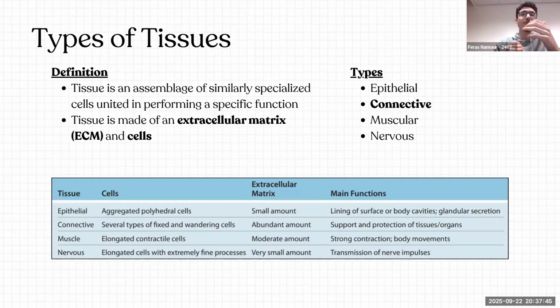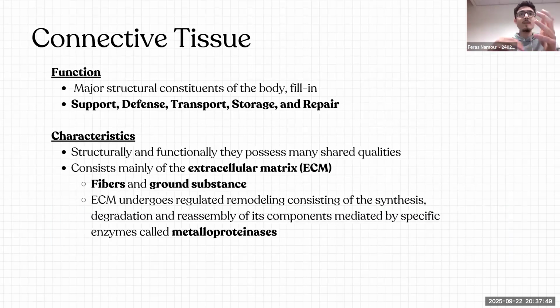It depends on the ratio and the cells, and then we have different kinds of tissues. Epithelium doesn't have a lot of extracellular matrix, but connective tissue has a lot. So we're going to discuss fibers and ground substance. And extracellular matrix is a continuous dynamic state that is constantly being remodeled, constantly synthesized and degraded, and this is happening by metalloproteinases. Keep that.